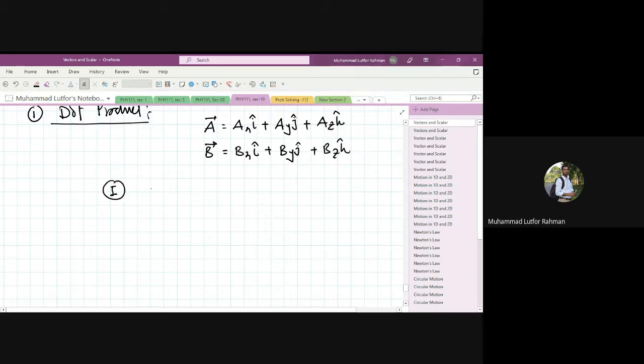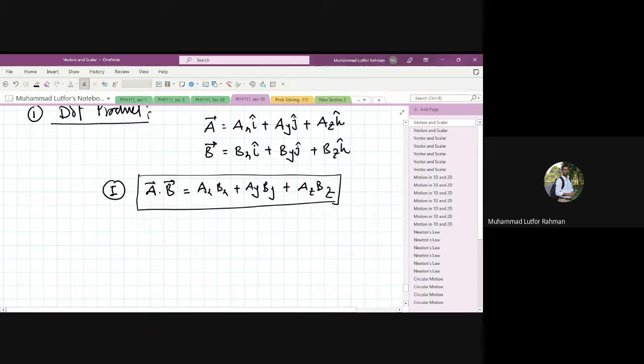Now, the dot product of these vectors we can find. One way we can write A dot B, which would be ax bx plus ay by plus az bz, right? So this is the formula. This formula comes from multiplying each component of vector A with the components of vector B. So ax bx i dot i plus ax by i dot j plus ax bz i dot k.